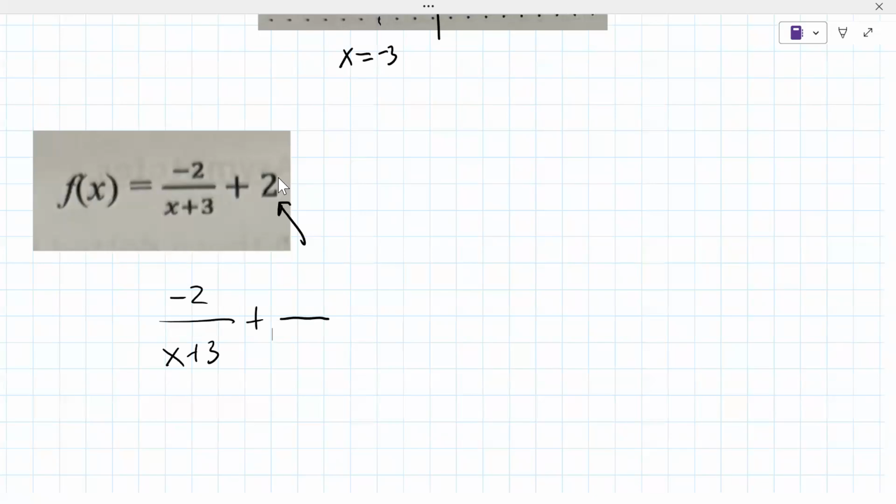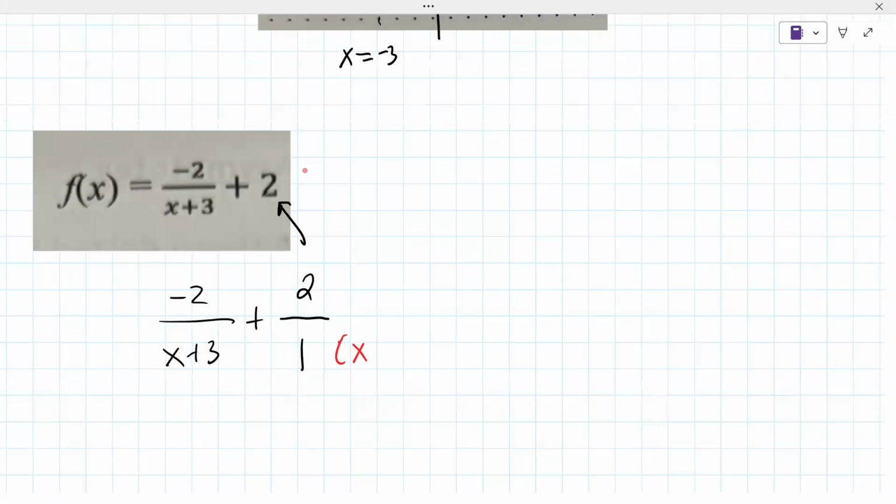What did we do in the previous problem? What I got is that it's 1x minus 2 plus 1/1. Okay, so why did we put it over 1? Because there's a 2 right there, so it's 2/1. There you go, very good.